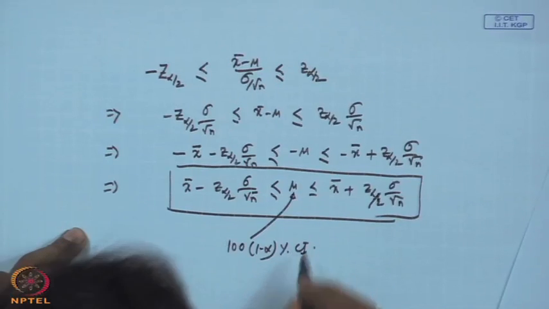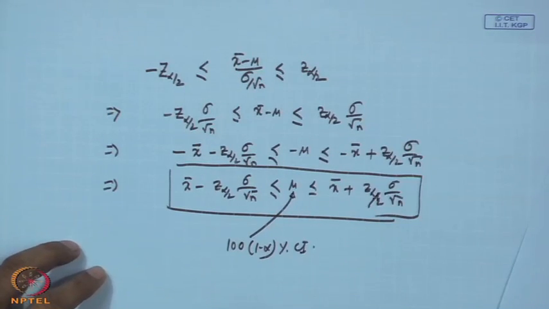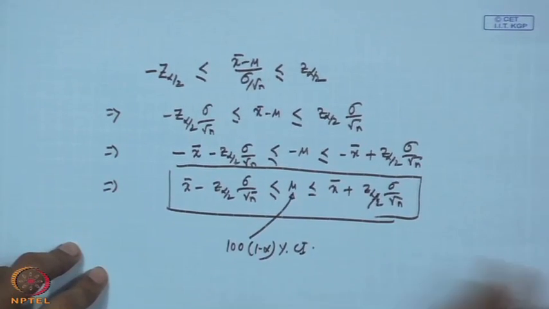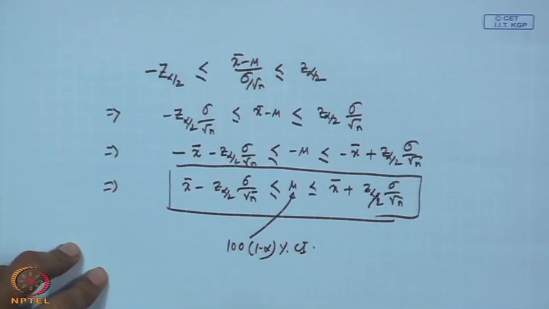When you talk about a confidence interval, it is definitely for the population parameter, not for the sample statistic. Getting me?